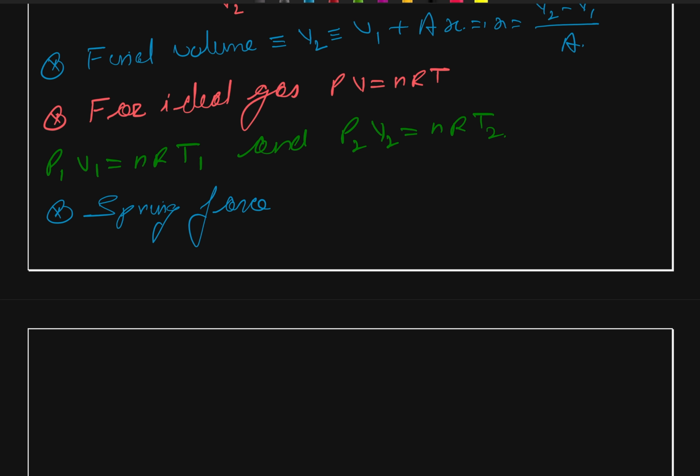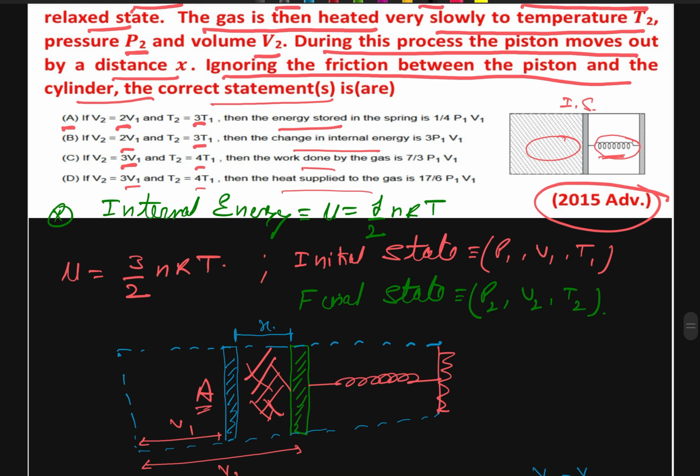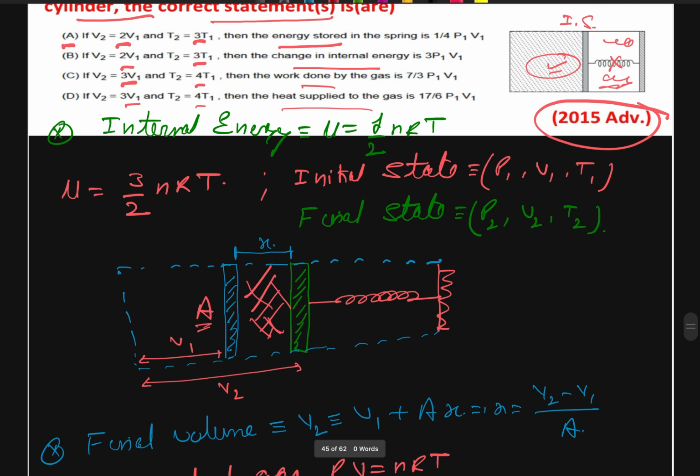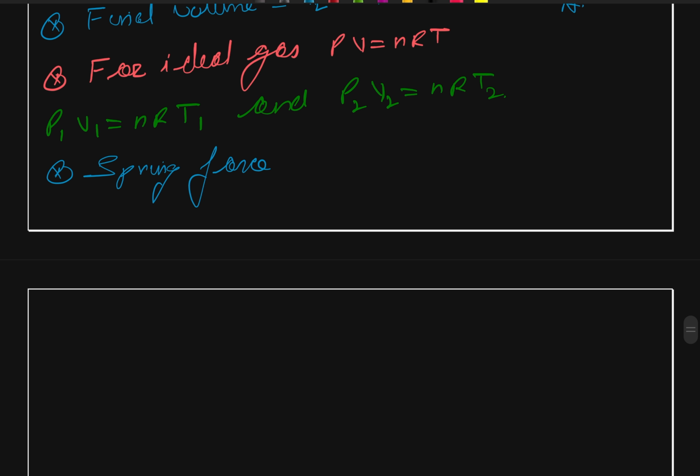This was my mistake earlier, because the spring was relaxed here. So we can say spring force and pressure balance.